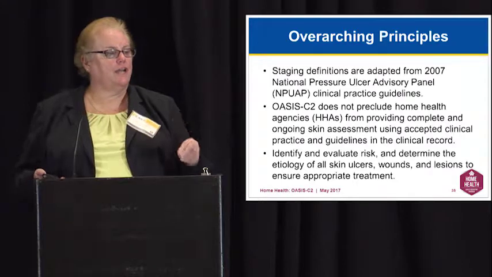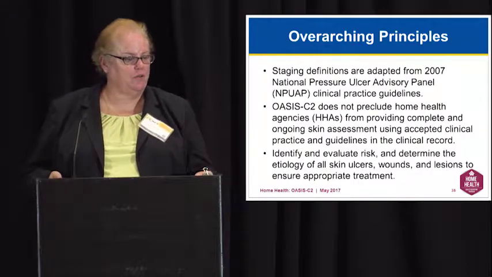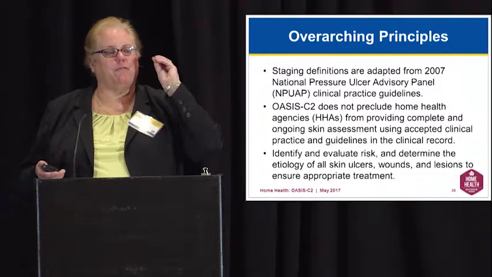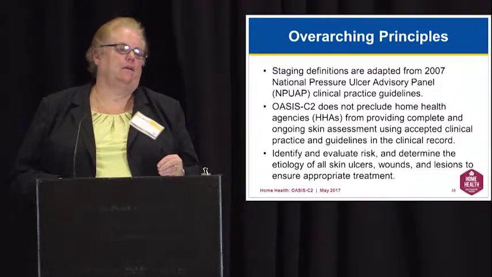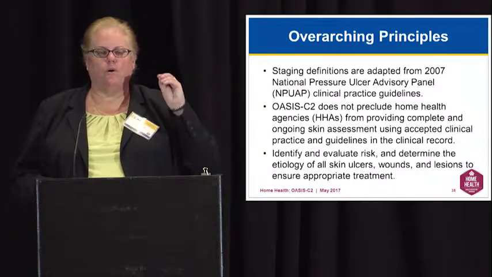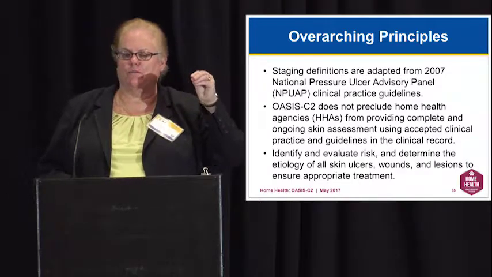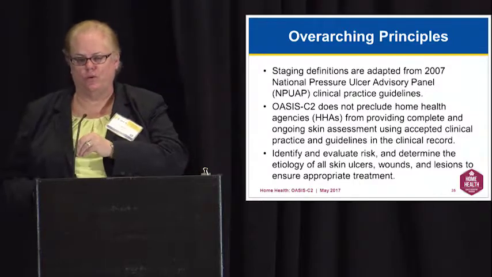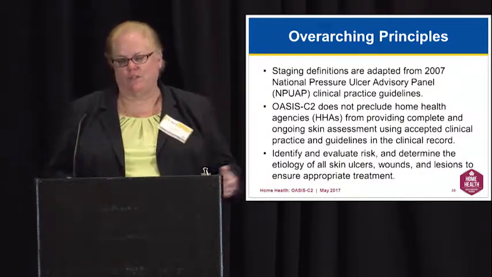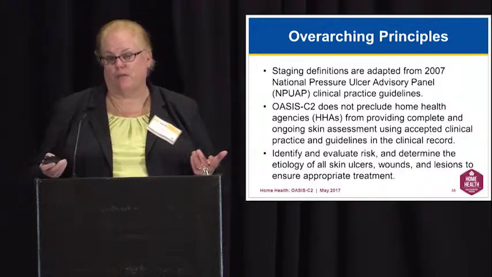No, these staging guidelines are related to pressure ulcers. It's amazing how many staff members, especially at the providing nurse level at the home care level, say, oh, I heard this piece, so it's a fluid-filled blister, it's a stage 2. But they miss the whole point: there needs to be pressure involved, you need to do a whole assessment and determine, is it a pressure ulcer?